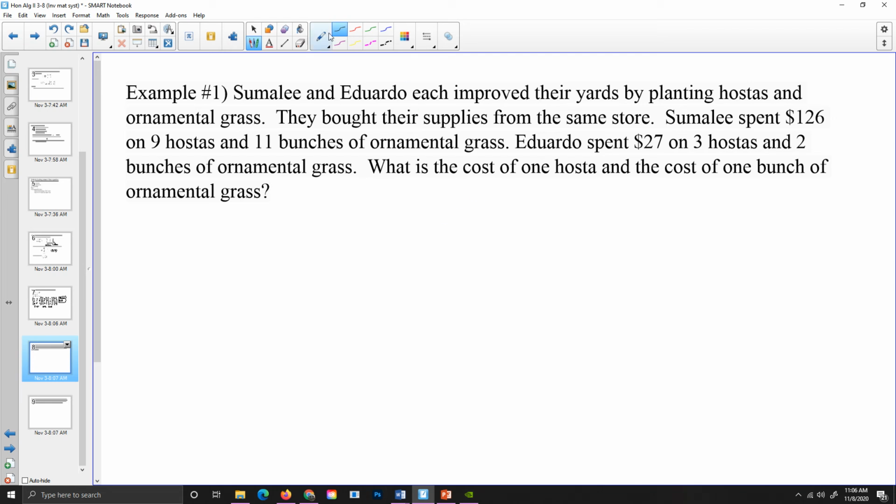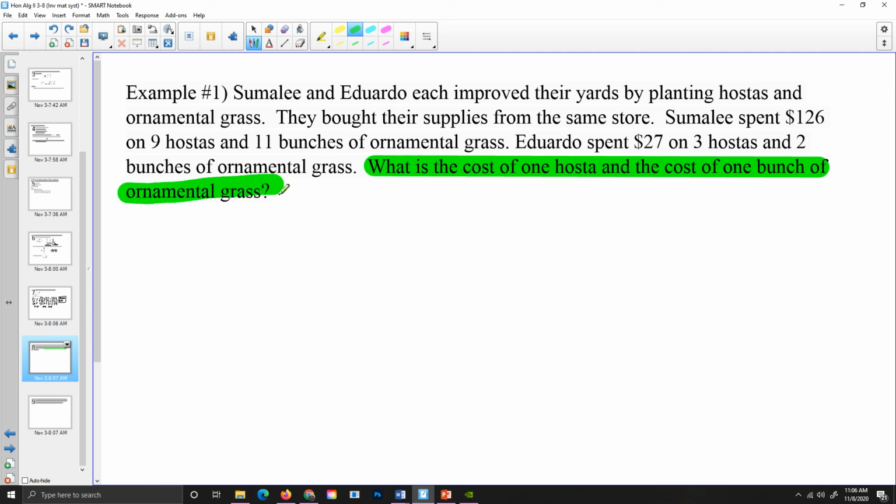Okay, so again, just like from the last 2 sections, the variables are in the last sentence, and they are what the question is asking you to solve.